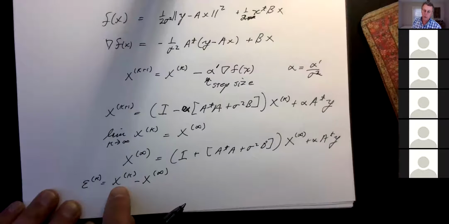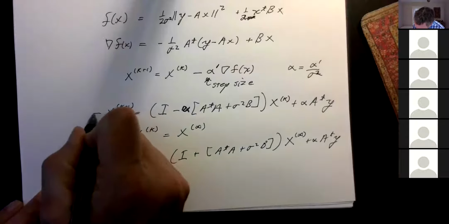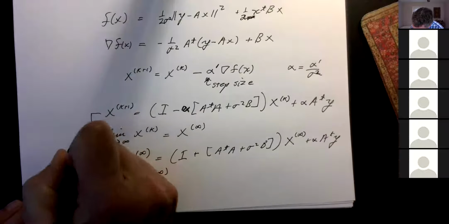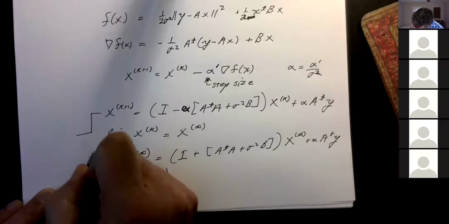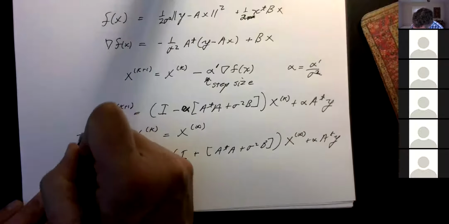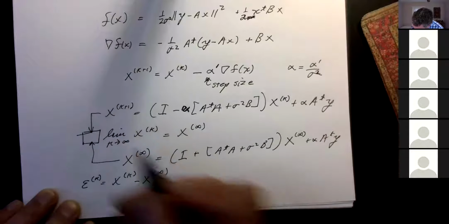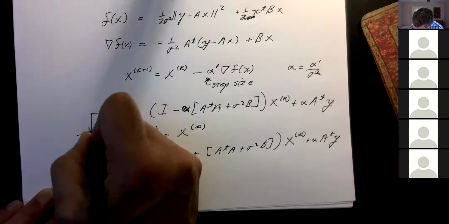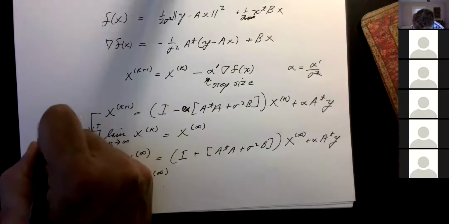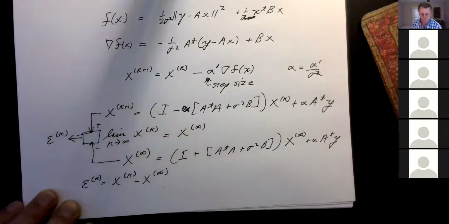Xk is what you currently have. You're iterating this gradient descent. Hopefully xk converges to x infinity, and then epsilon goes to 0. So you take this thing here, this is minus, and that's plus, and the output is epsilon k.